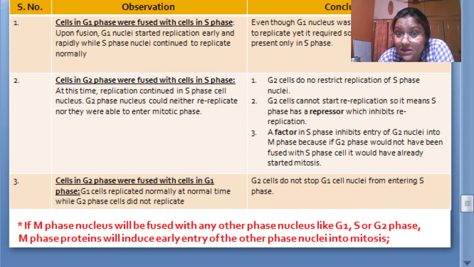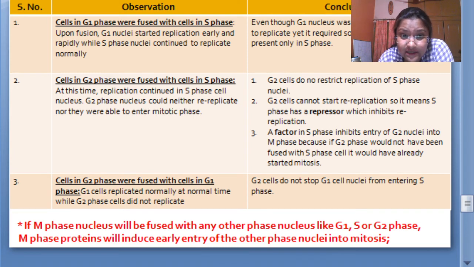Like once the DNA replication has occurred in S phase and the cell has entered into G2 phase, after that, if G2 phase nucleus is fused with S phase, then re-replication will not start at any cost because there are repressors present in the S phase and they do not let re-replication occur.